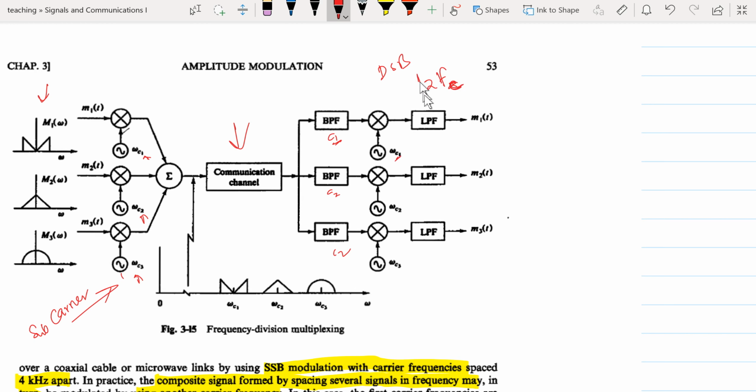Therefore, when you apply a low pass filter, it removes this off. Therefore, you end up with a message signal that is centered at zero frequency. Similarly, you are going to have three messages received on the other end, as long as you have sufficient gap between this and this, such that there is no spectral overlap over these composite signals.